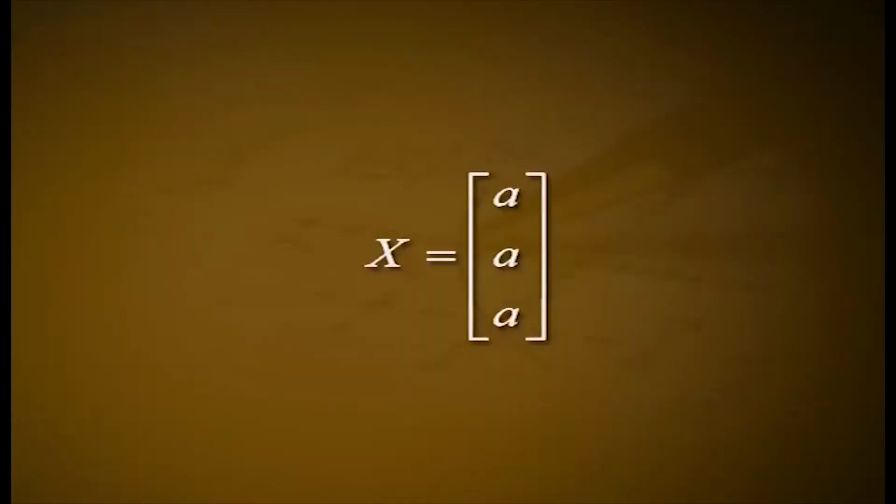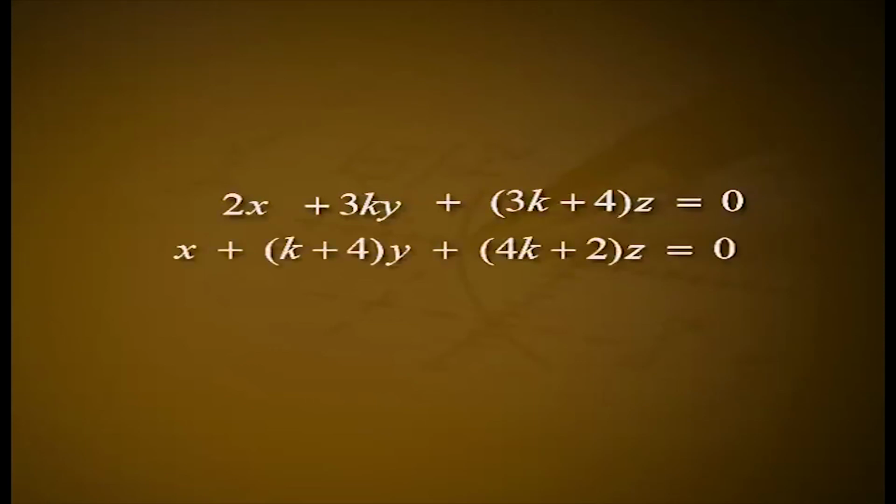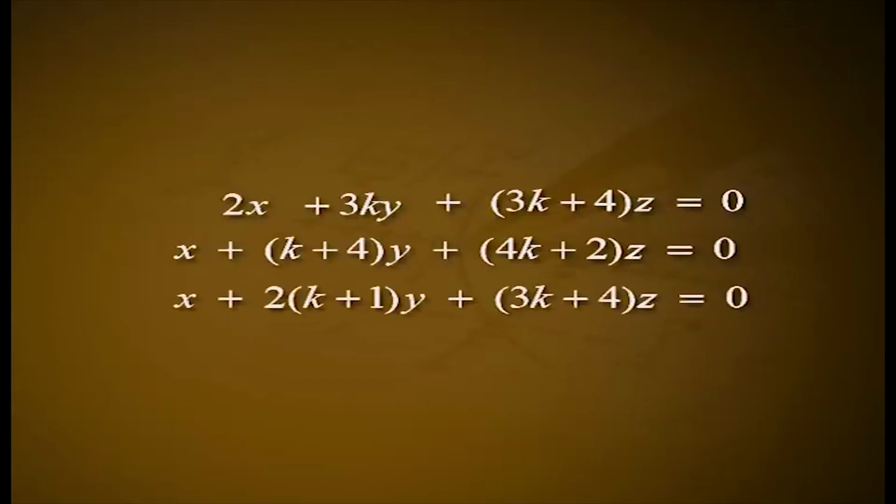Example 5. Discuss for all values of k the solution of the following system of equations: 2x + 3ky + (3k + 4)z = 0, x + (k + 4)y + (4k + 2)z = 0, x + 2(k + 1)y + (3k + 4)z = 0.